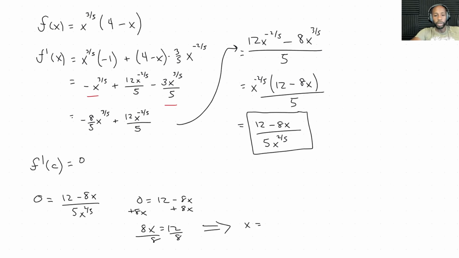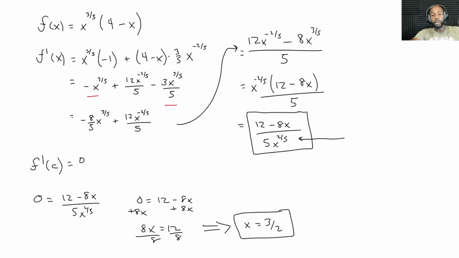You can take a 4 out of both of those. That's going to be 3 halves. So that means that there is a critical number at x equals 3 halves, because that's where the derivative is equal to zero. Now, the other thing to keep in mind is to look at the denominator of the derivative.